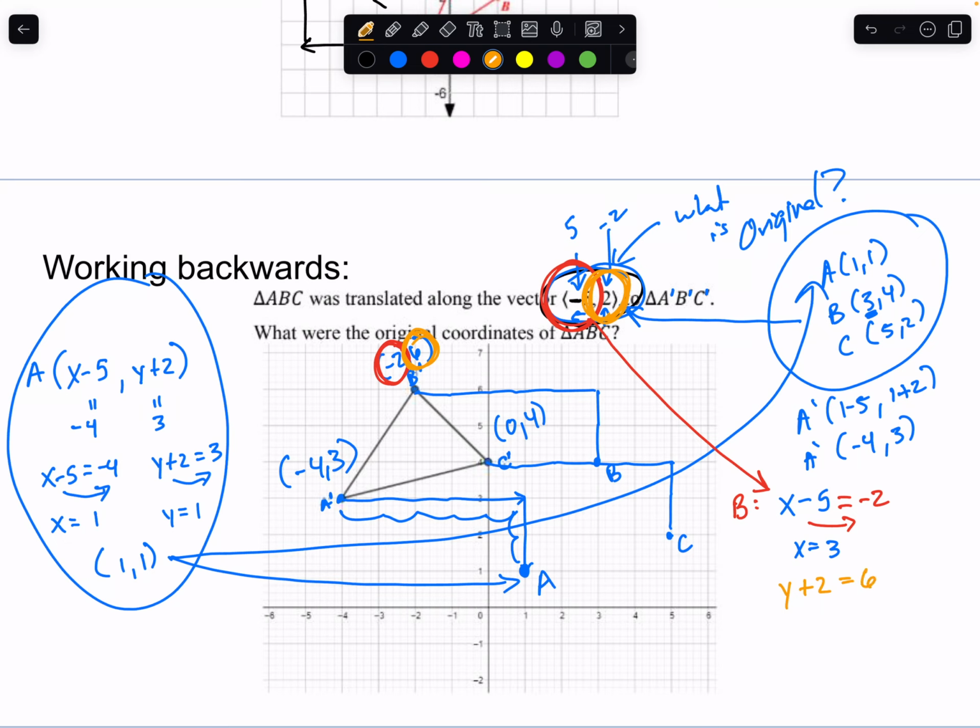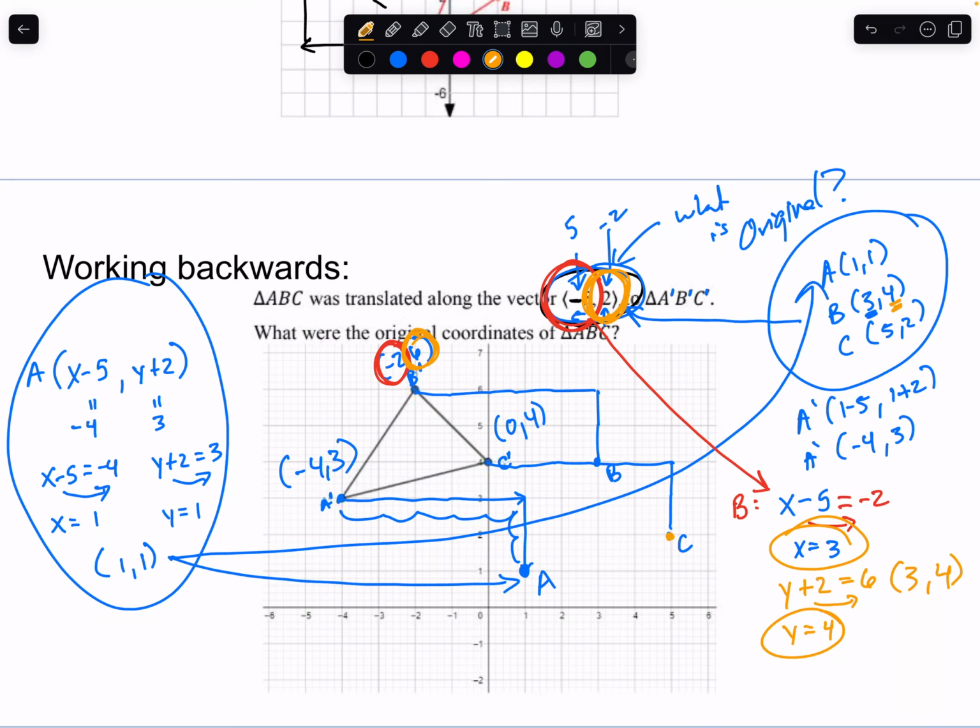Original plus 2 needs to give me 6. So when I solve for y, I get y equals 4. Notice how 3 comma 4, if I were to merge these two, 3 comma 4 is the location of the original point.